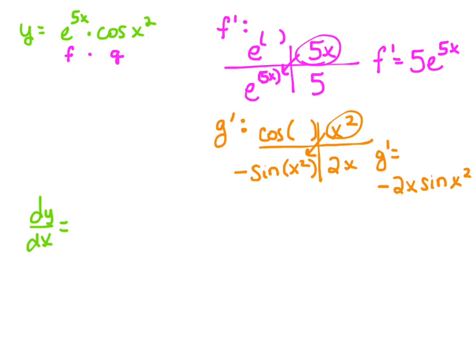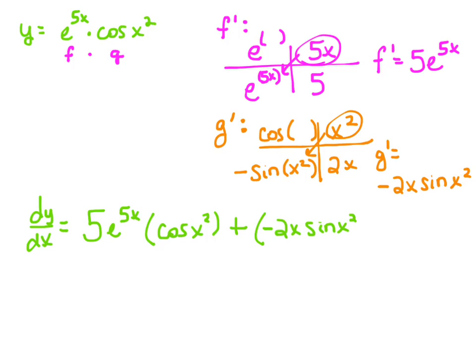So f prime is 5e to the 5x times g, which is cosine of x squared, plus g prime, negative 2x sine of x squared, times f, e to the 5x.